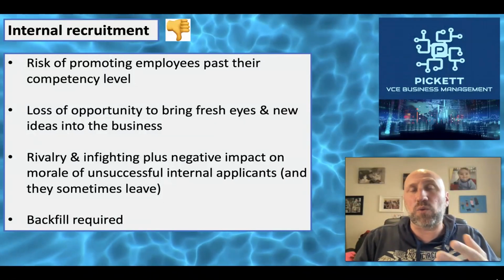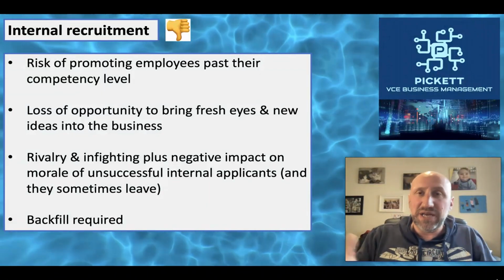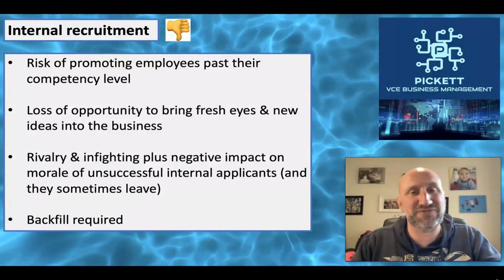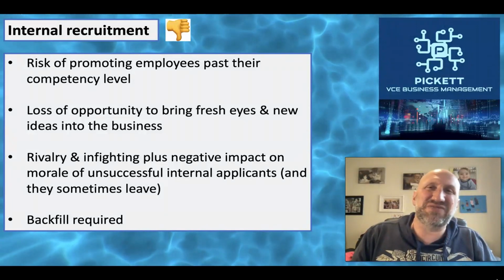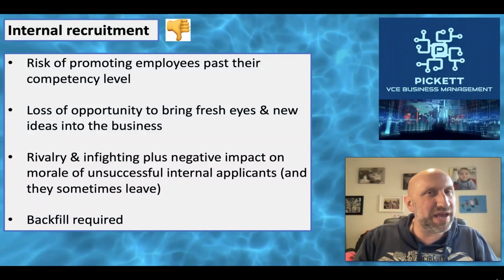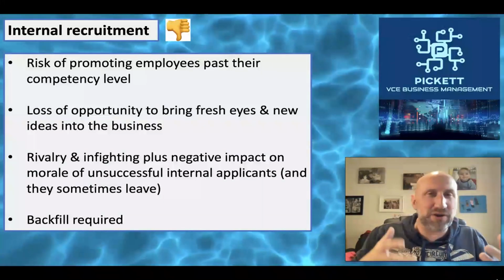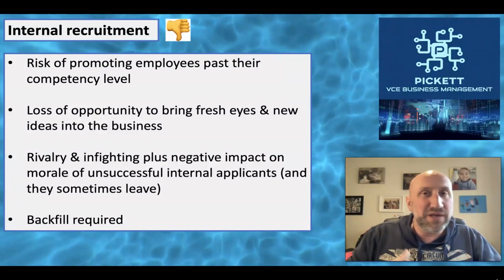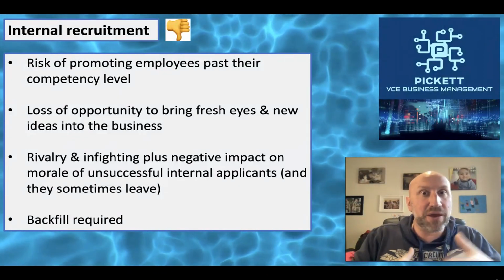And particularly when there is an internal recruitment process and maybe a few people internally have gone for it and obviously only one is successful, with those unsuccessful internal applicants there can be a level of resentment. It can be difficult for them to move past that decision and get on with the managers or even the people that they lost out to in that promotion.